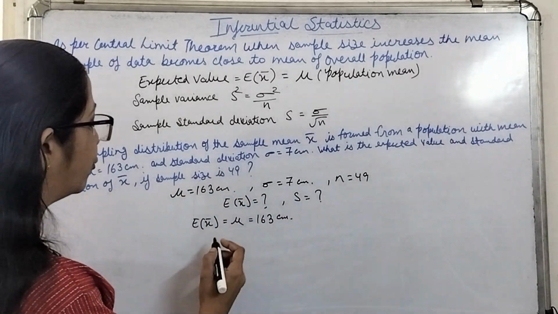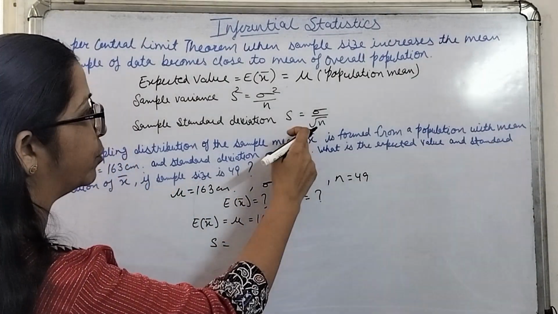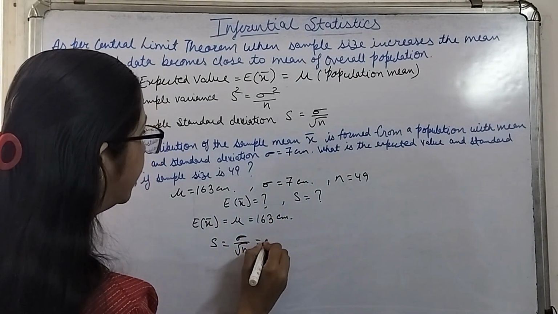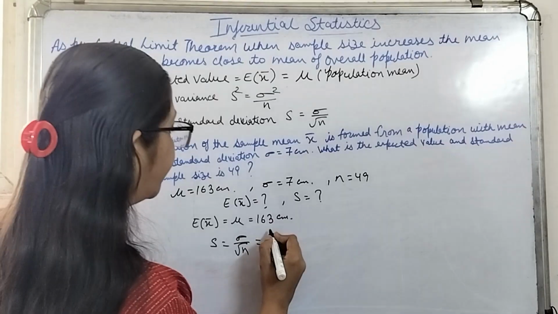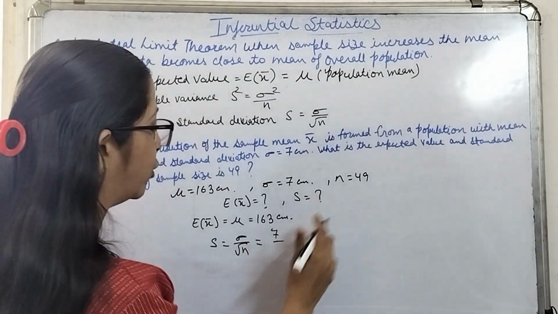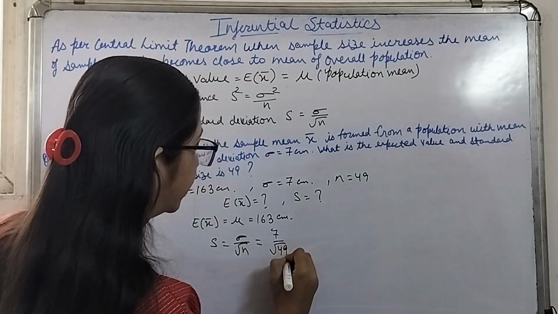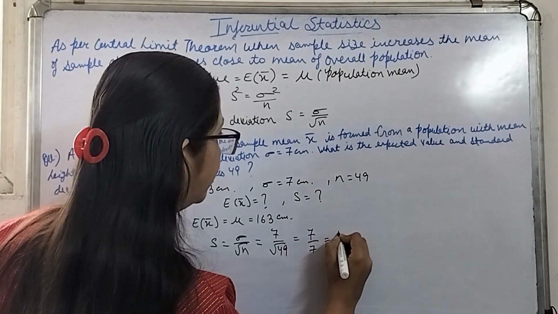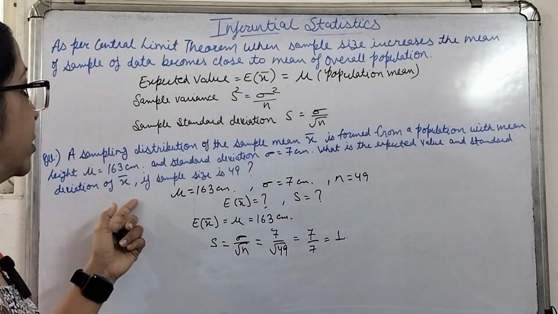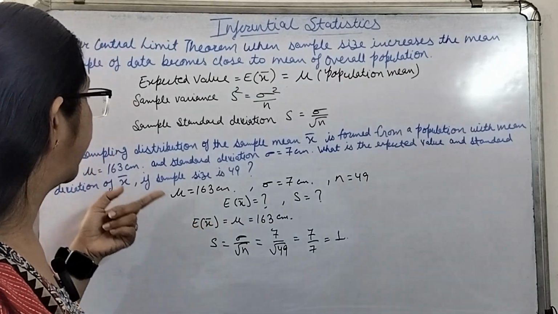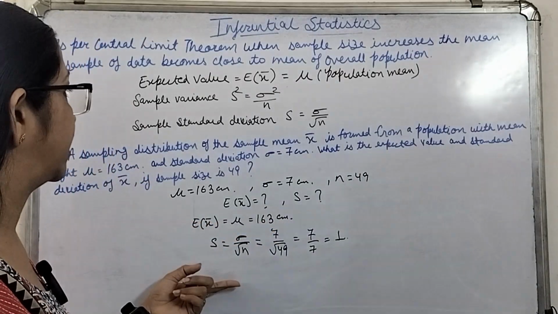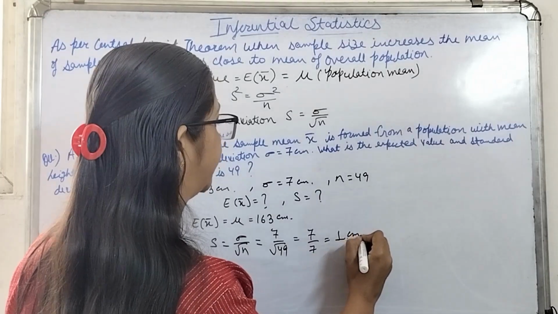From here we can say that it is σ/√n. σ here is 7 and the value of n is 49. The root of 49 is 7, so it will be 1. So the standard deviation will be 1 centimeter and the expected value E(x̄) will be 163 centimeters.